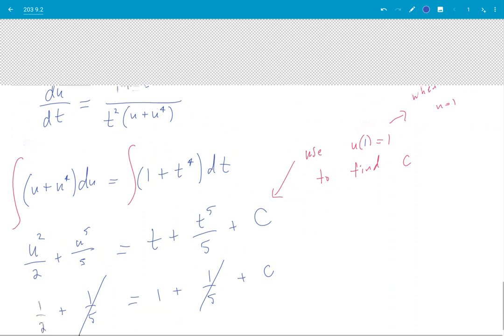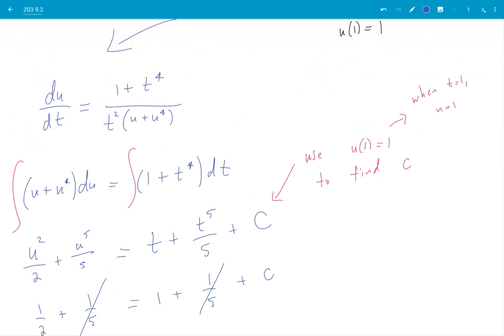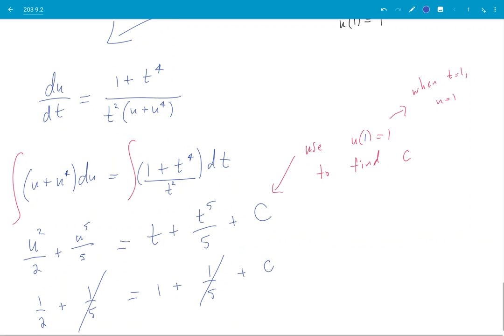Okay, let's find my mistake. My mistake is right here. I forgot all about my t squared. So this should be divided by t squared. So what does that do?